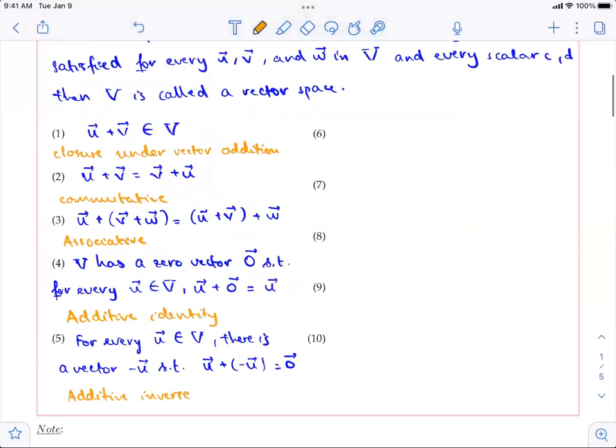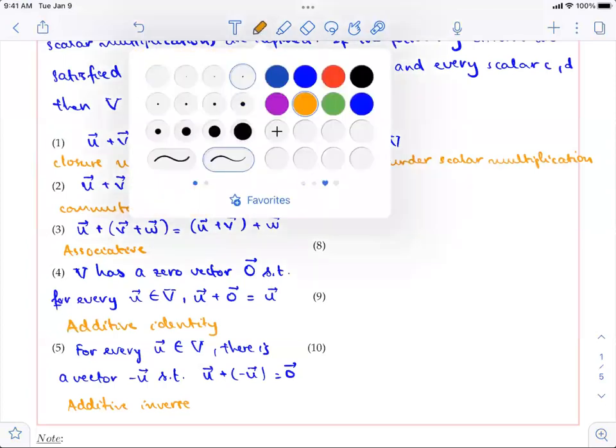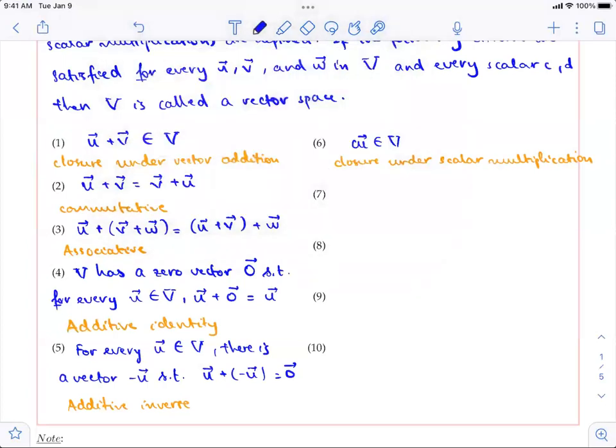All right. Now on the second column, you have properties related to scalar multiplications. The first one is c times u is in V, which is closure under scalar multiplications. The next property is the distributive property. If you have c times (u plus v), it is equal to c times u plus c times v.